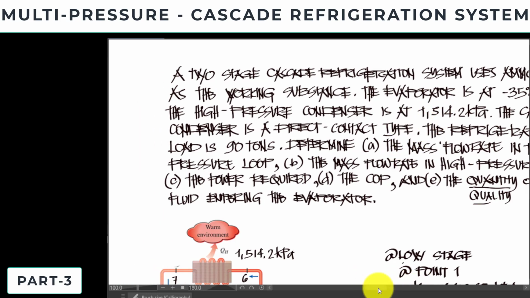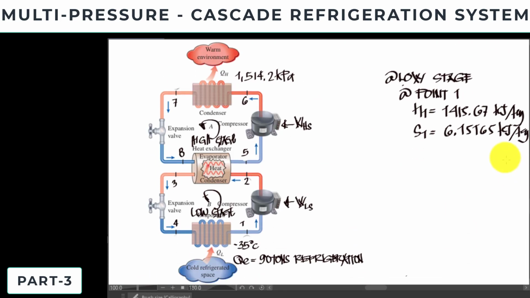We don't know the pressure in between at the direct contact heat exchanger, but this can be computed. We can use the intermediate pressure for minimum work.